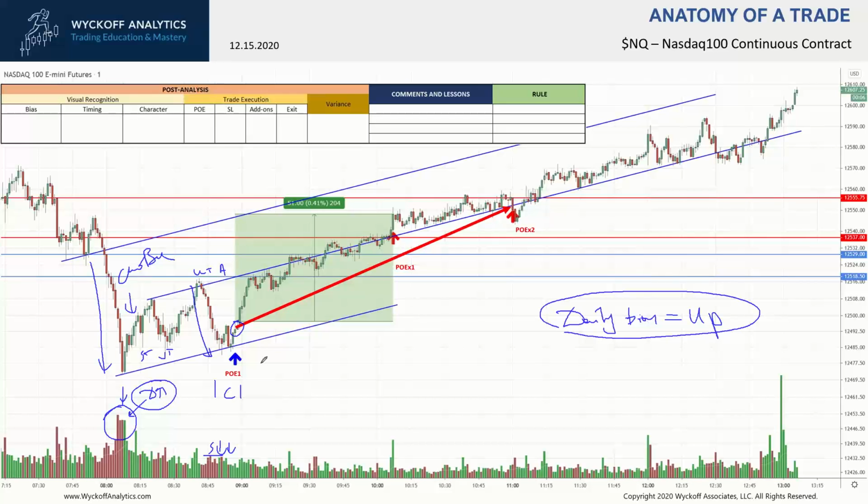I was actually talking to one of my colleagues and discussing this trade, and I thought that it could have been improved. And this is where, for more advanced traders, you need to think this way.